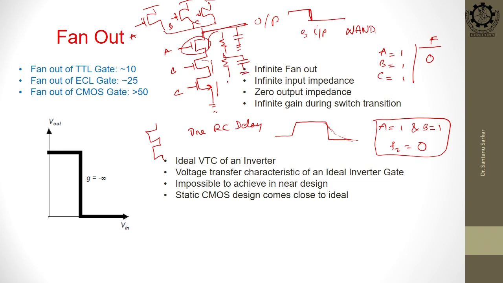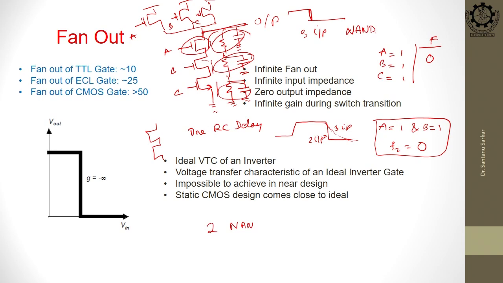This also I can replace with another resistance and another cap. So it goes through 3 RC, 3 time constants, clear. But a 2 input NAND gate will be faster in its 1 to 0 transition. Is this concept clear? Okay.